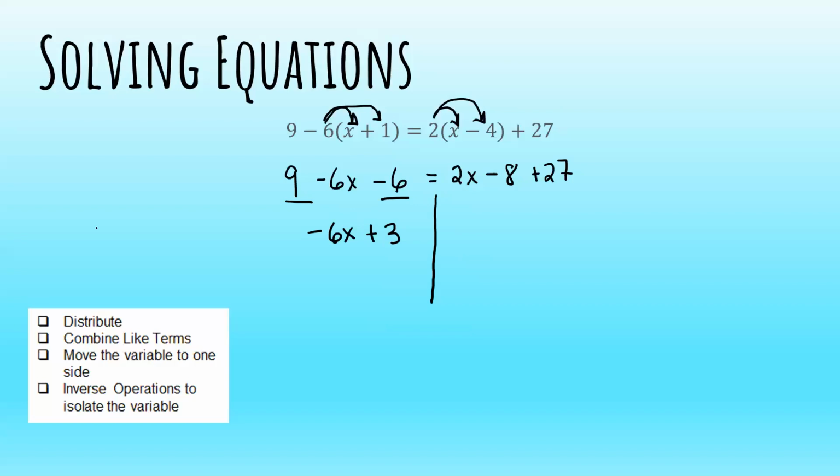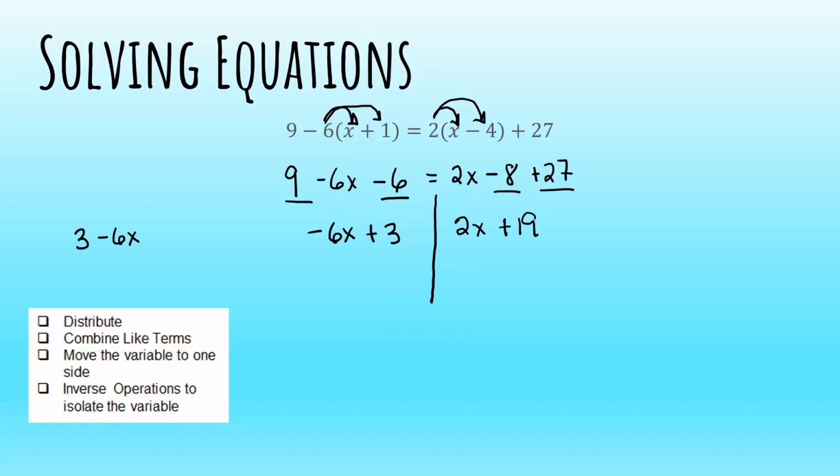Not necessarily. If you wrote it as 3 minus 6x, it is still perfectly fine. All right. On my right side, I again have like terms. I have a negative 8 and a positive 27. So I have the 2x, and a negative 8 plus 27 is a positive 19.